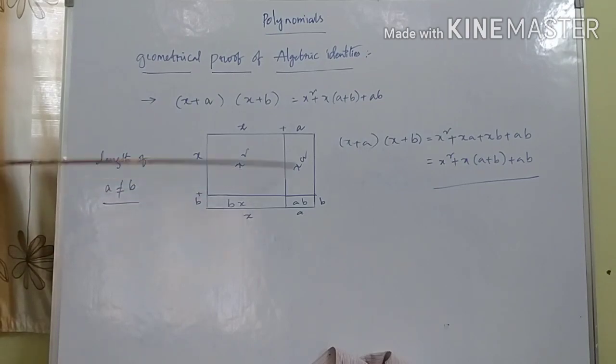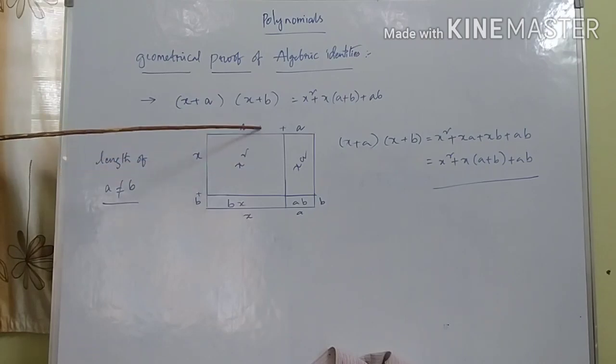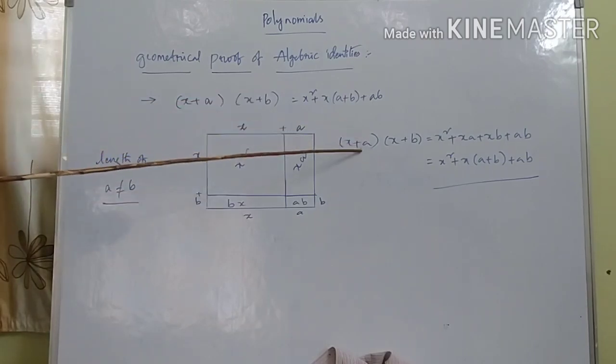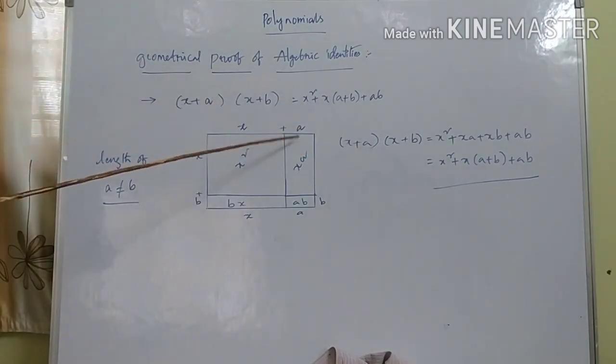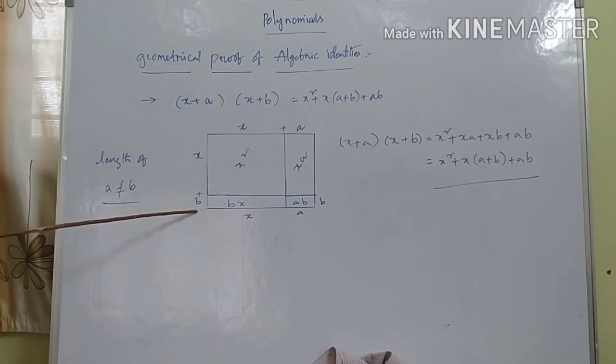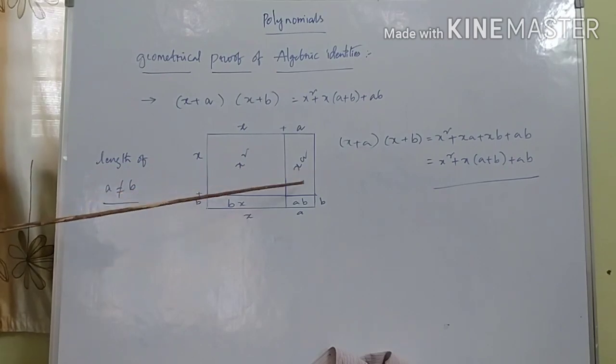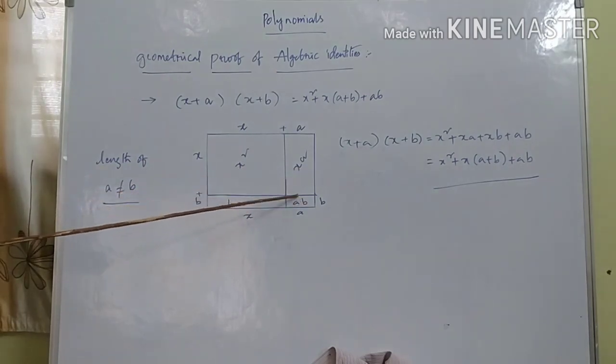So the area of the total rectangle is length into breadth, that is x plus a into x plus b. Here the length of a is not equal to the length of b. So join this point to this point. So we get one square and three rectangles.